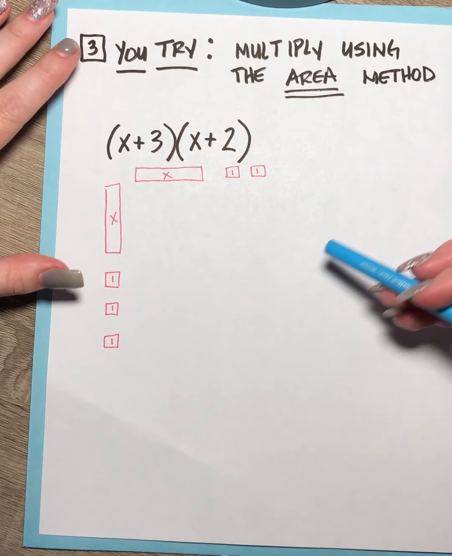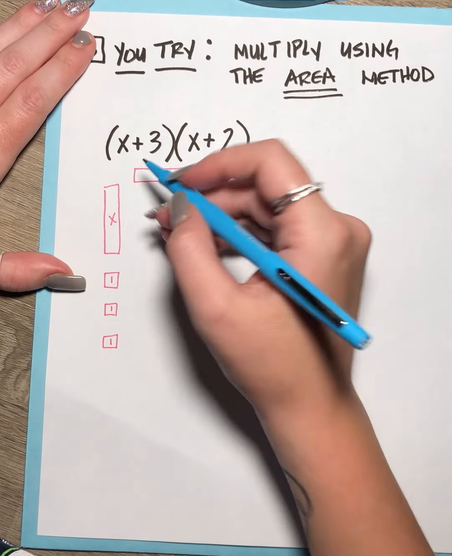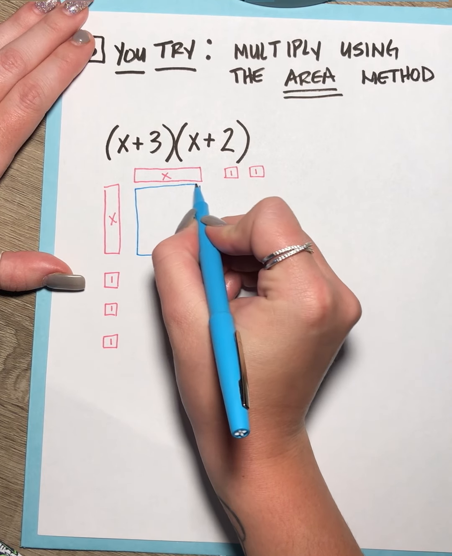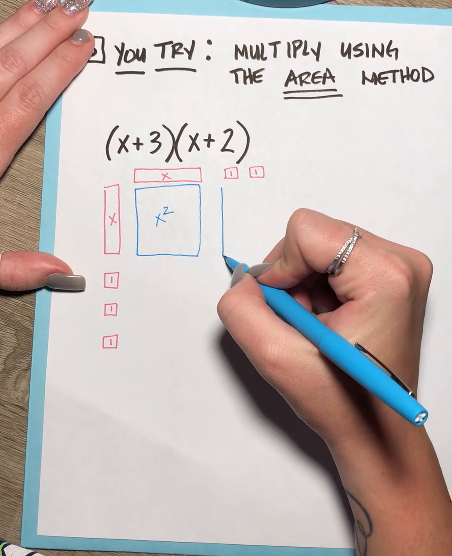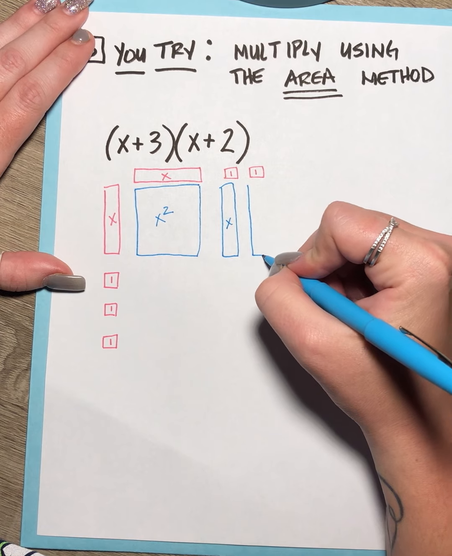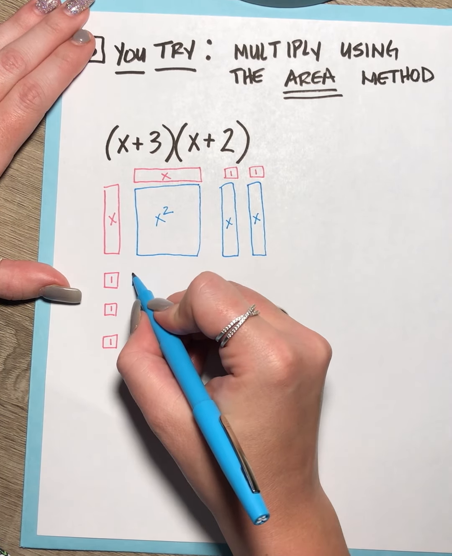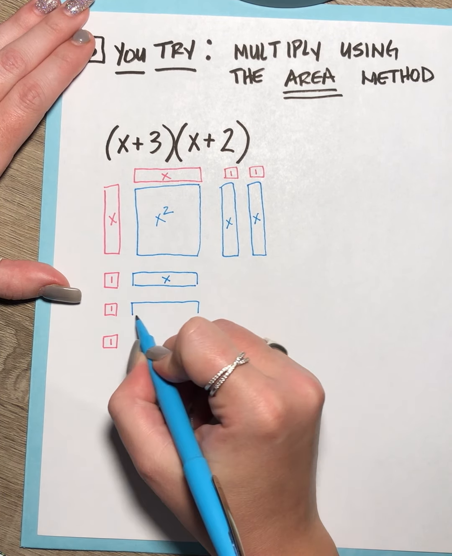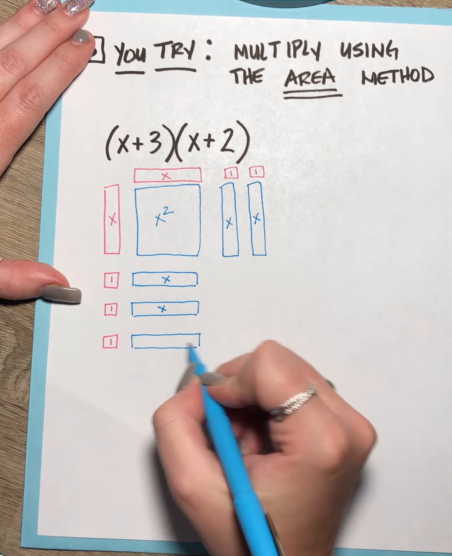All right, so you should have started off with something like this. You should have got the same thing that I did. And now watch. We have x squared, x times 1, got x times 1, x times 1, and last one, x times 1.